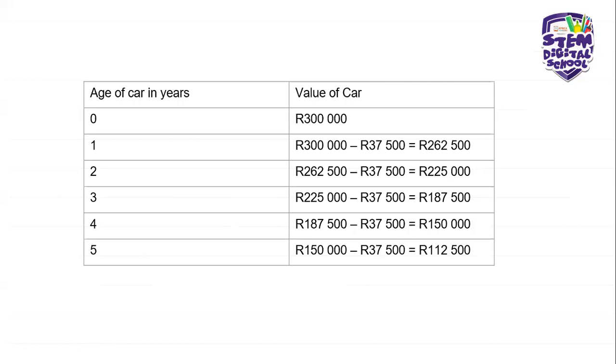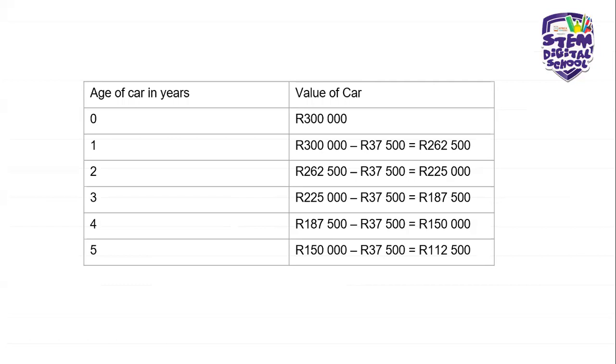And then you do the same with the next one. At the end of the second year, you also see that the value of the car will be reduced by the same amount. You do the same for the third year, fourth, and fifth. And as I've said initially, the final value of your car will be 112,500 rands.